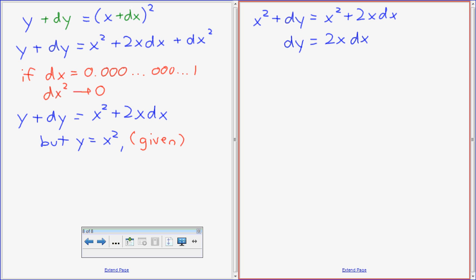We'll go through a few of these and you'll see. Is this making sense to you at least? So you're changing your y into x squared because that's your given. Right on. And finally, then I'm going to divide them both by dx to get dy by dx. This is just a different way.